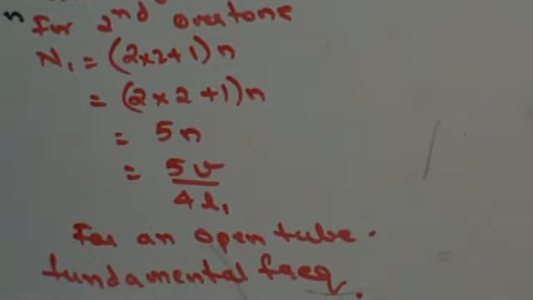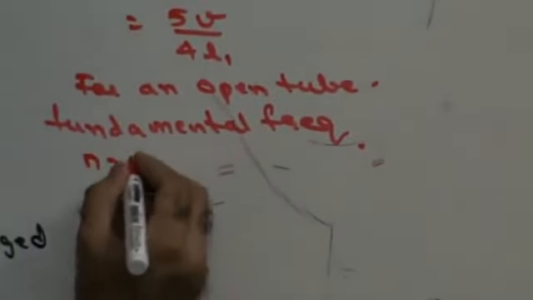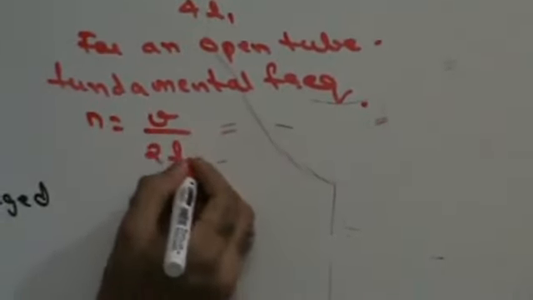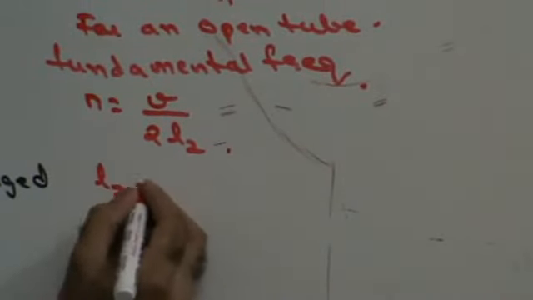For an open tube, the fundamental frequency is given by the formula n is equal to V upon 2L2, where L2 is the length of the open tube.